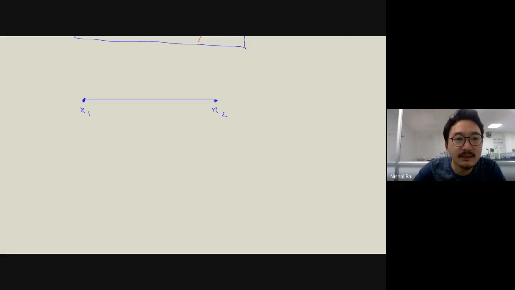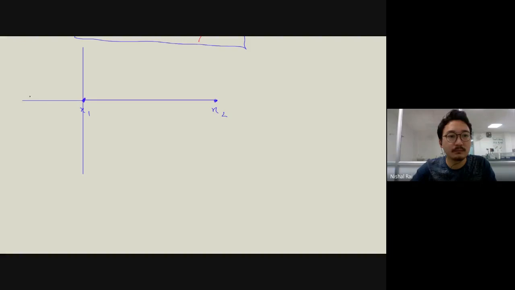The position of one is at x1 and one is at x2. One of your points is at the origin and another point is at x2. Clear?